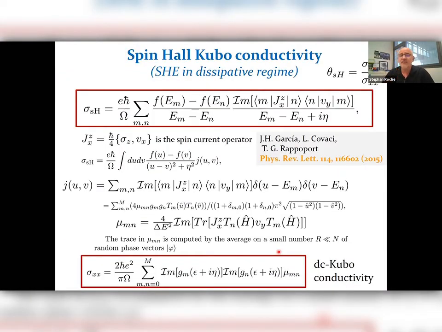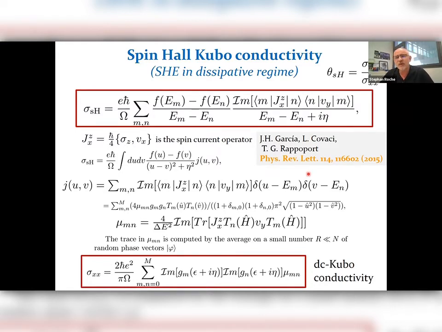Then, based on this description with the effective Hamiltonian, we can compute exactly the spin Hall angle, for instance, using the ratio of the spin Hall conductivity over the dissipative conductivity.